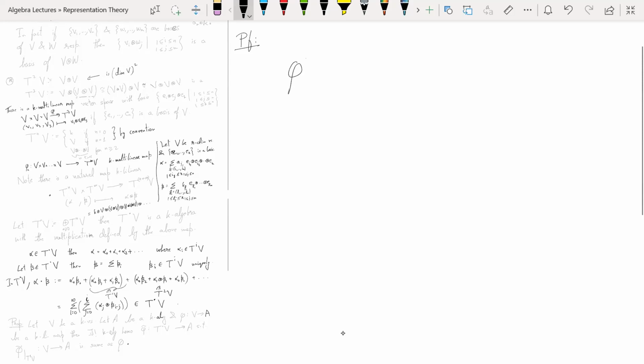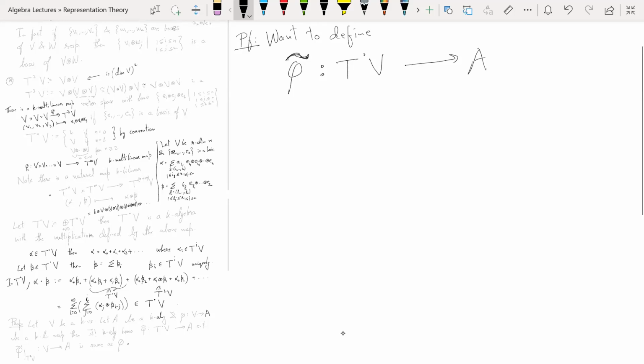So phi tilde, we want to define phi tilde from T dot V to A. We already know what the map is from T1 V to A. And A is a K algebra means what?